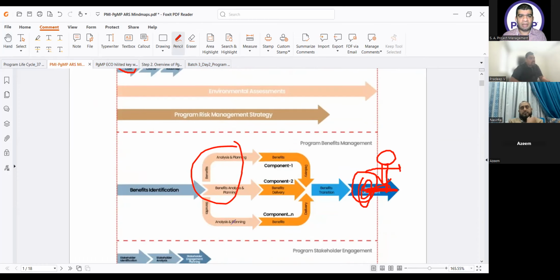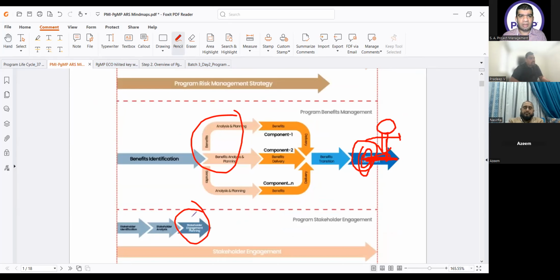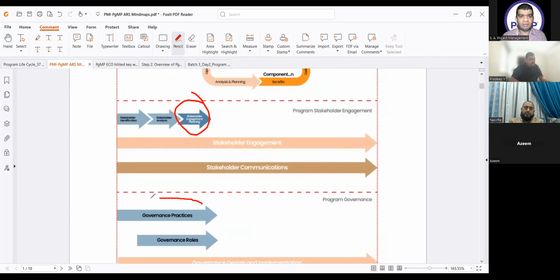This is also a plan. I'm making the stakeholder engagement plan, and I'm making the governance plan in the governance practices. Ultimately, this is contributing to the program management plan. That was the reason I said we are not covering stakeholders in the magic grid, because it's an independent domain in itself. Okay, okay.